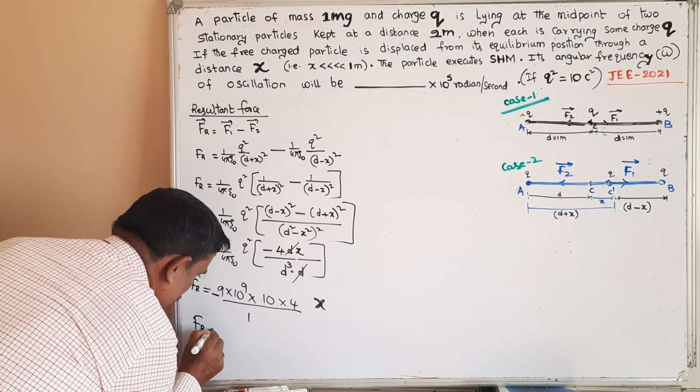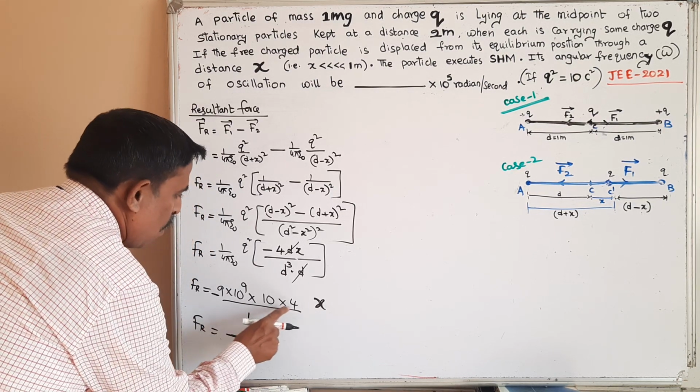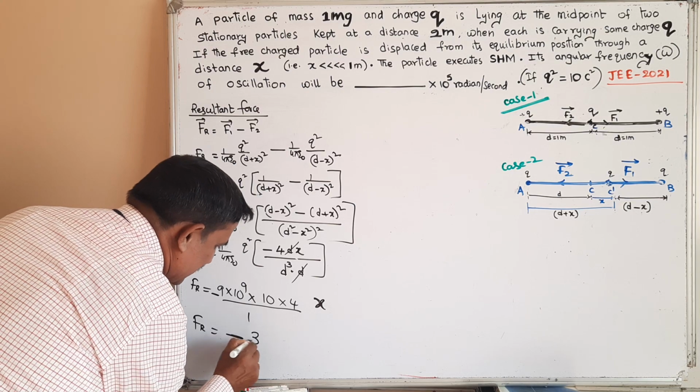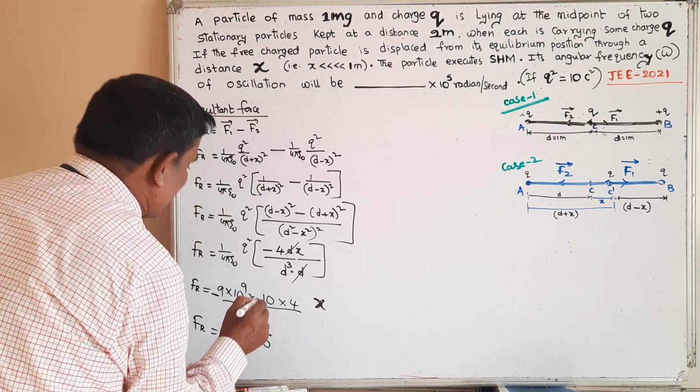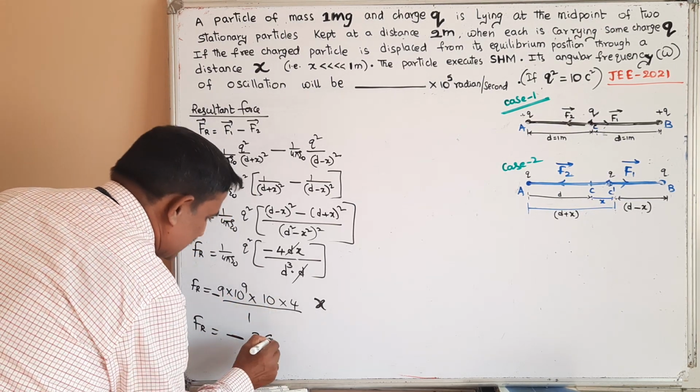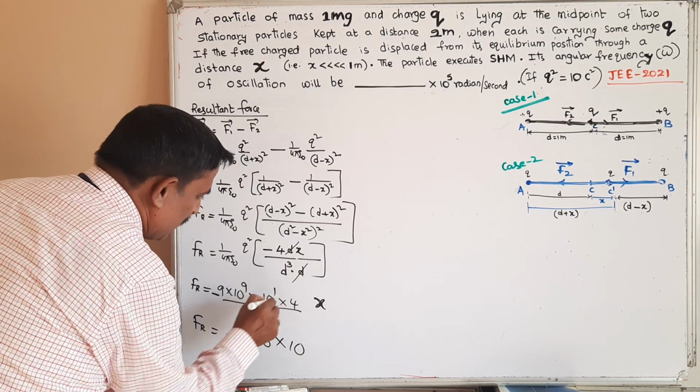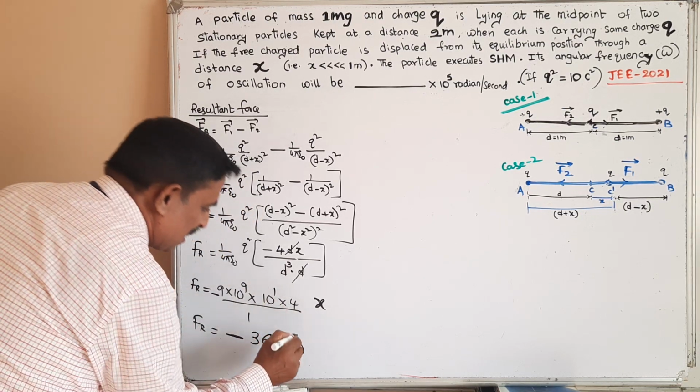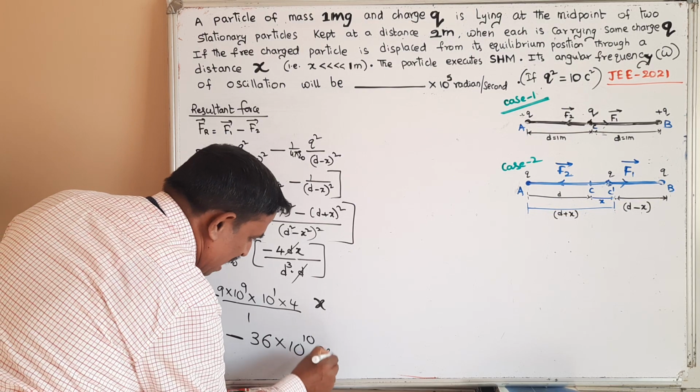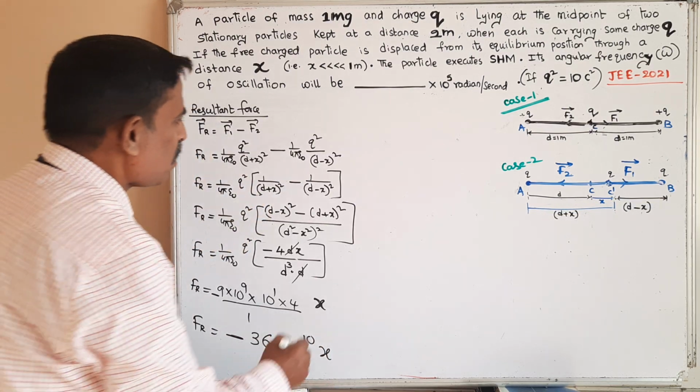Resultant force is equal to minus 4 into 9, which is 36, into 10 power 10, into x.